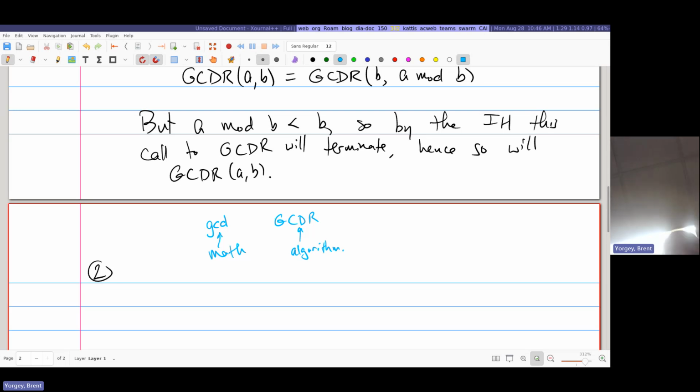So we have this better algorithm, but at face value, it's not at all clear that they are talking about the same thing. So that's our goal: to connect these and show that they actually are the same thing.